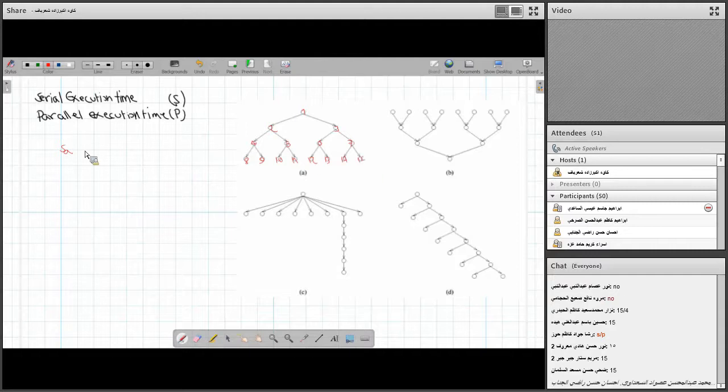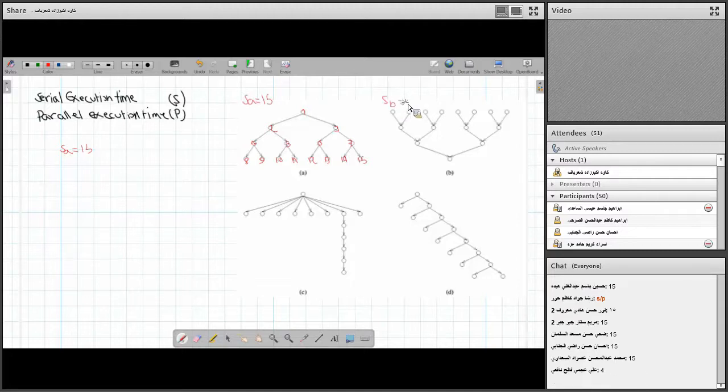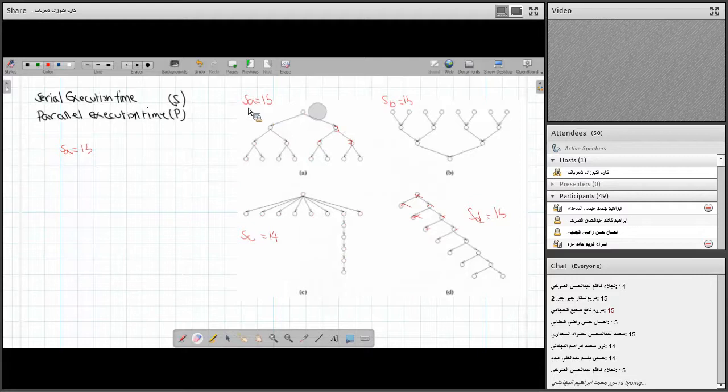SA is 15. SB is 50. SC is 14, counting 1 through 14. And SD is 15, okay? Okay, 50.